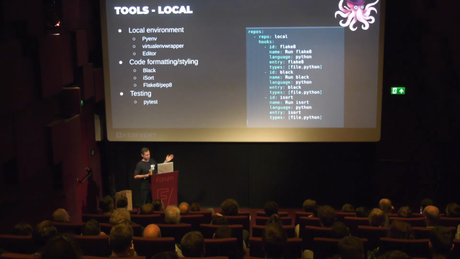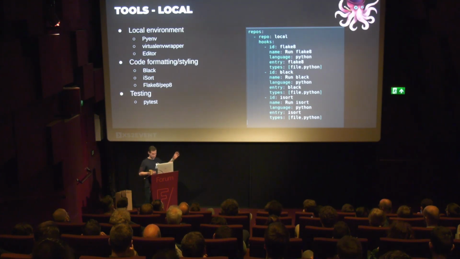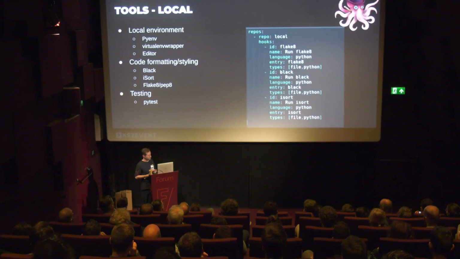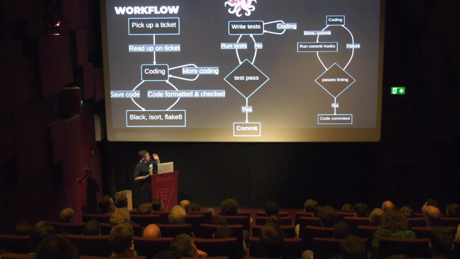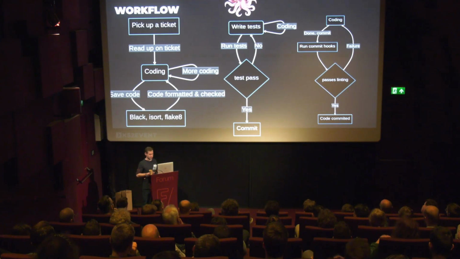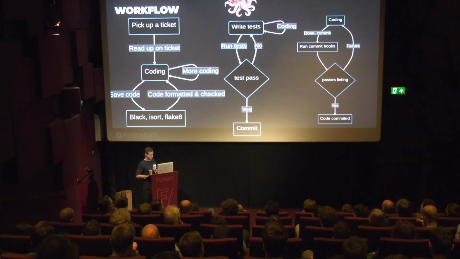Of course, you can still evade it because you can do a git commit with no dash verify, and it will skip the git hooks. But then later on, you'll still get caught. So I'm done coding. I'm committing my code. The pre-commit hooks run, and then I get the feedback that my code was good or not. And if it's good, then I can push to the repository.